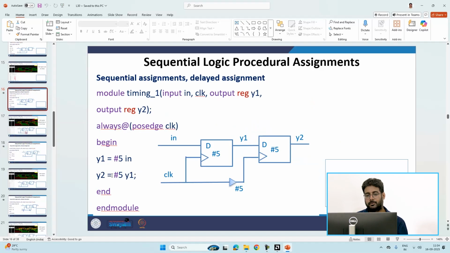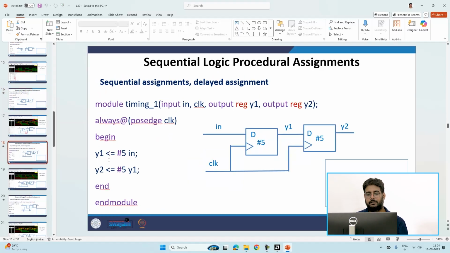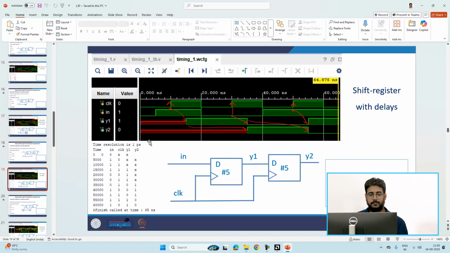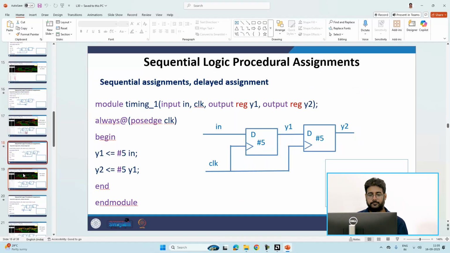due to this blocking statement, it was acting like a delay in the clock signal. Here, due to non-blocking statement, it is occurring like a delay in the D flip flop. So there is a slight change in the output also accordingly.